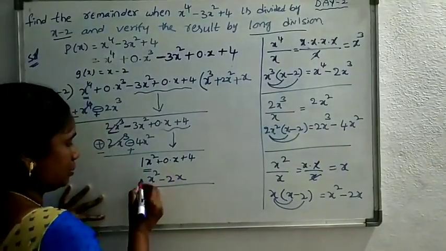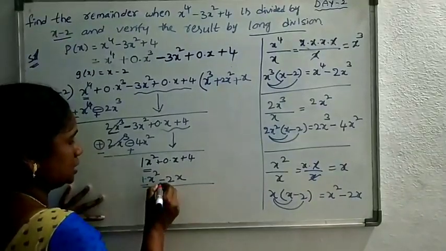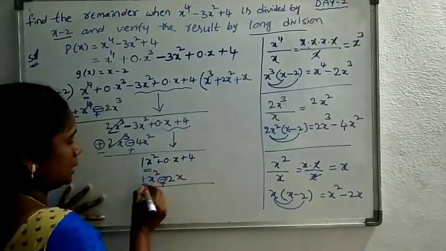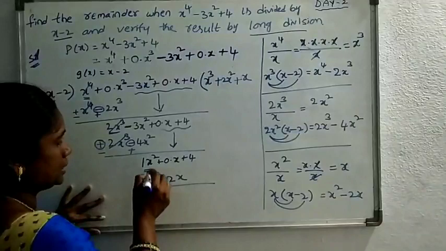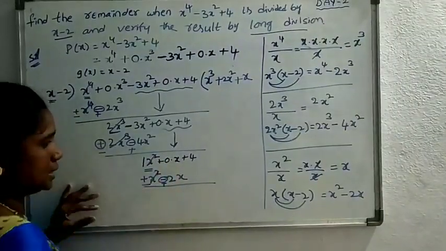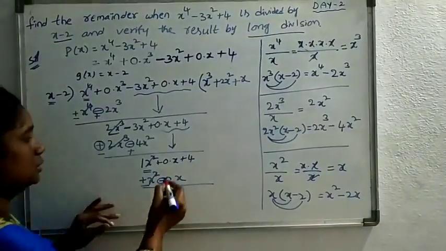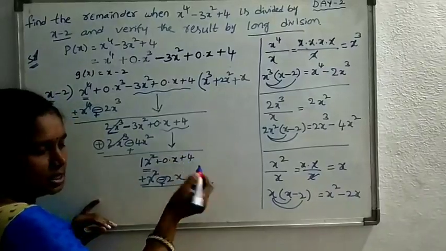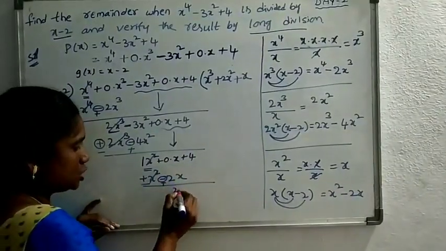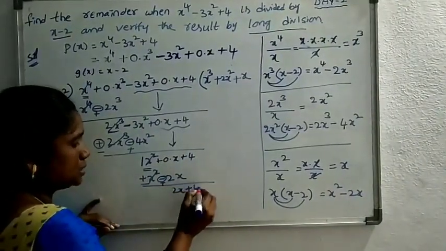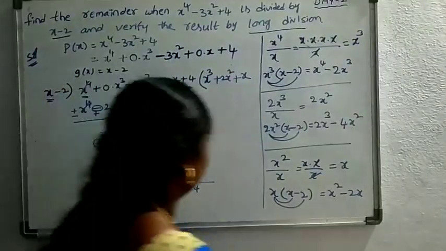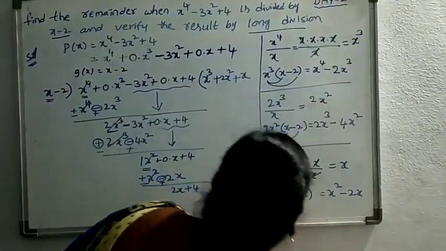So again subtracting, that means signs are changing. Minus will become plus and here plus will become minus. Plus x square and minus x square getting cancelled. So 0 into x, there is no value. So plus 2x plus 4. Now how to do this?